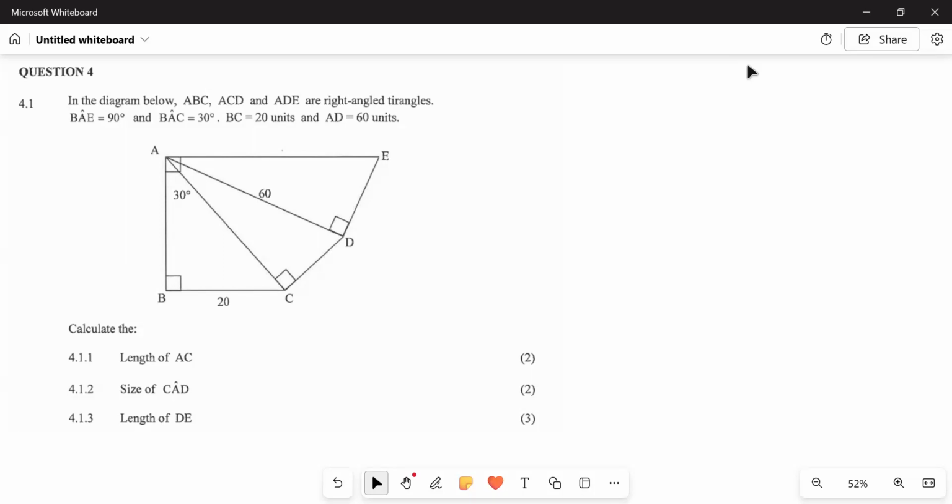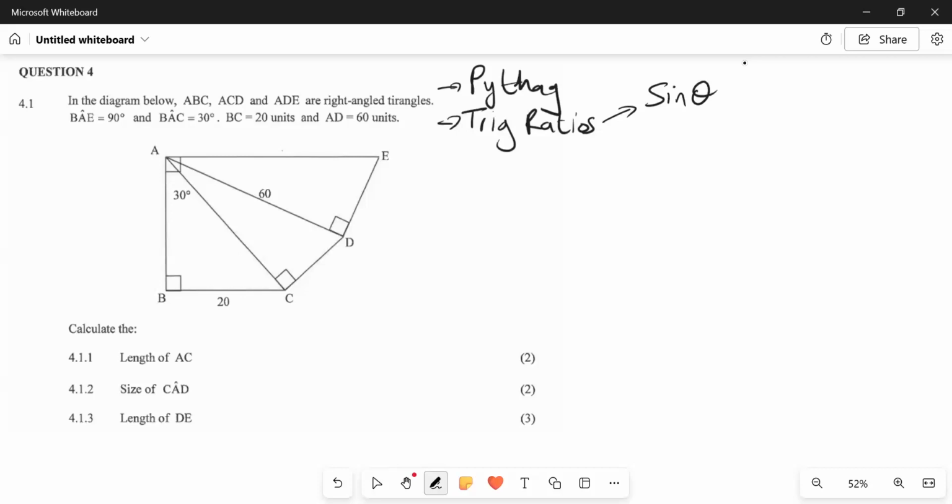Now, if you are given a right angle triangle, there's two things that should come to your mind. Firstly, it's Pythagoras theorem. You think of Pythag, right? Number two, you think of trig ratios. With trig ratios, you have your sine theta, which is equal to opposite over hypotenuse.